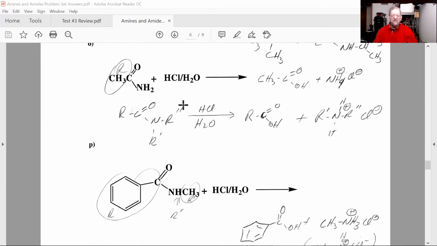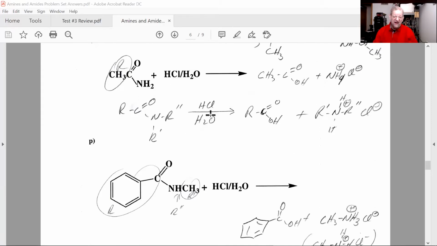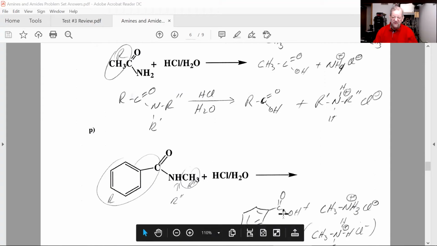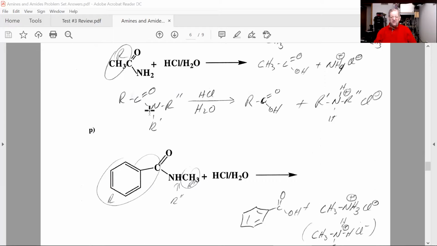Remember, when you react an amide with acid and water, you get back the carboxylic acid you would have used to make that amide, plus the amine you get from this hydrolysis reacts immediately with the acid because it's a base, and this is an acid, and you form a salt.